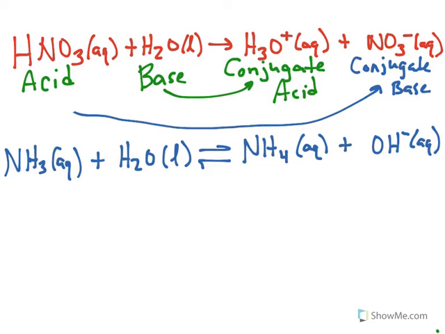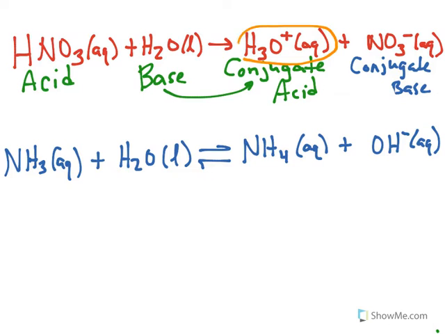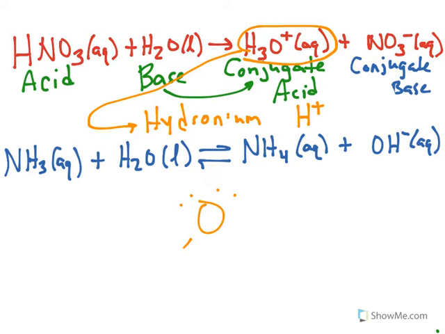Now, one last thing to touch on here is this H3O plus ion. This H3O plus ion is called hydronium. And in all the calculations we're going to do, hydronium is interchangeable with just simply H plus. The reason for that is if you think about a water molecule, here's a water.